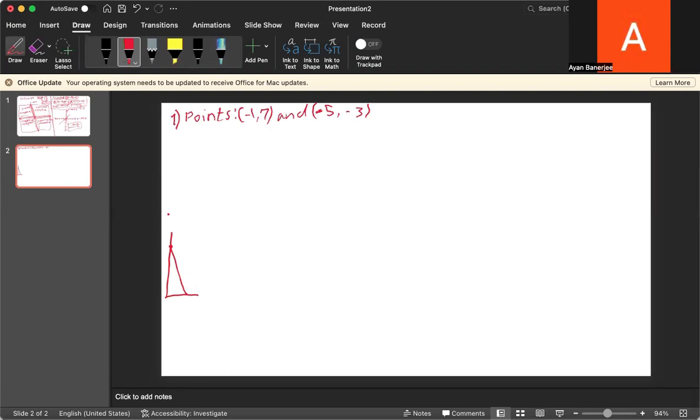So now we know what slope is, but let's see how we can use slope. What do we need slope for? So let's say this is your wall, and down here is your floor.